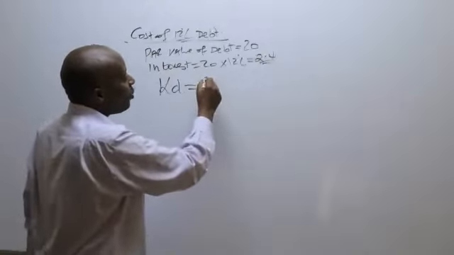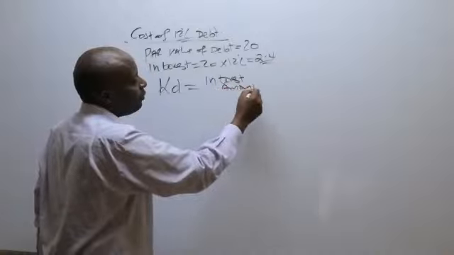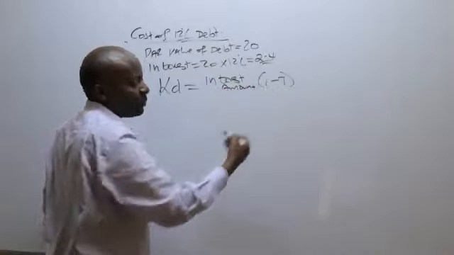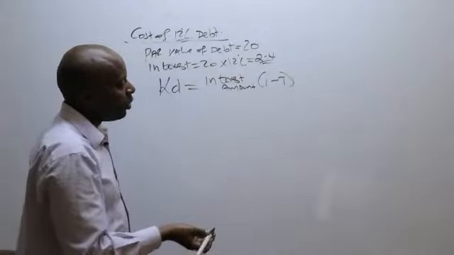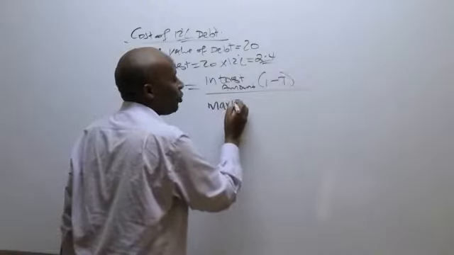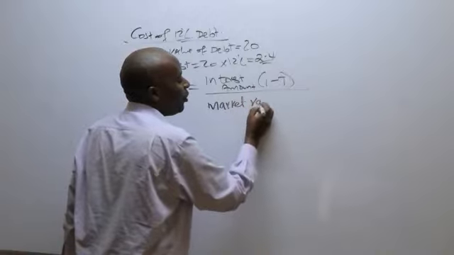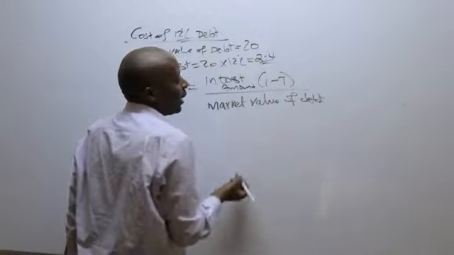KD should be equal to the interest amount that I have times 1 minus tax, because remember, interest, unlike dividends, is normally tax allowable, all over the market value of the debt instrument.